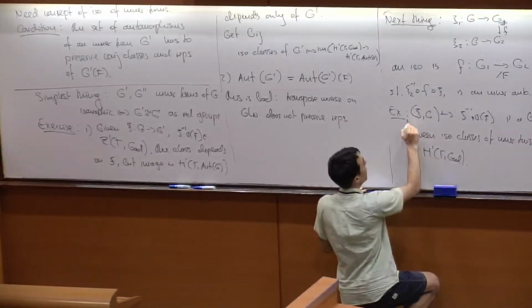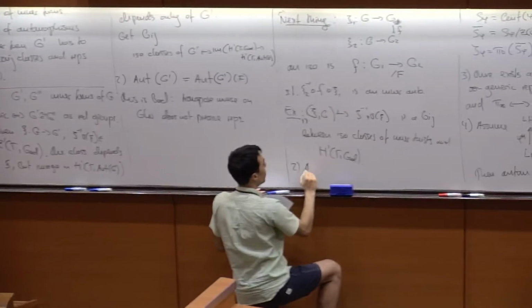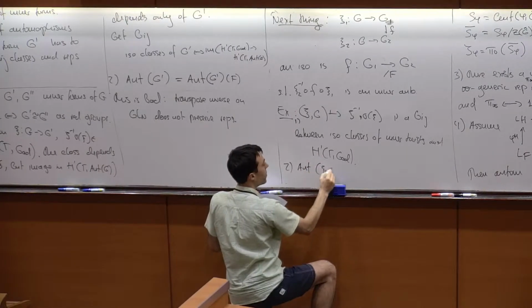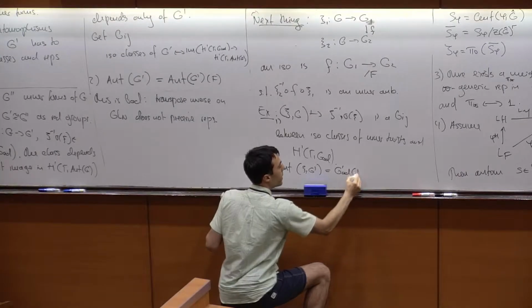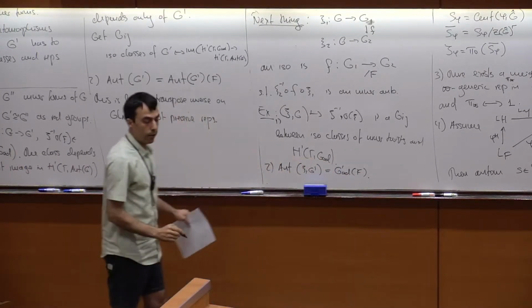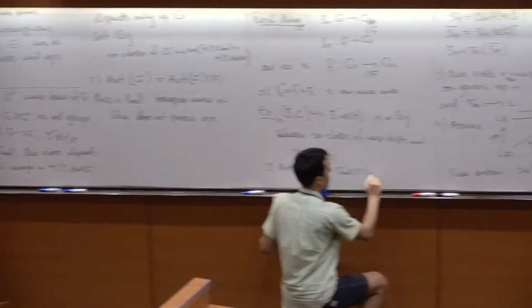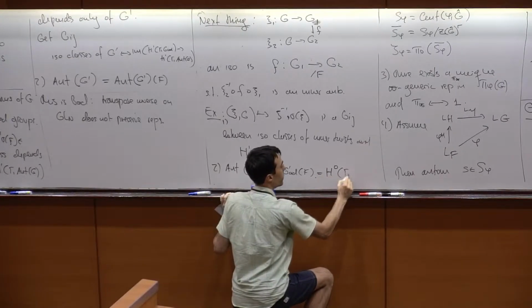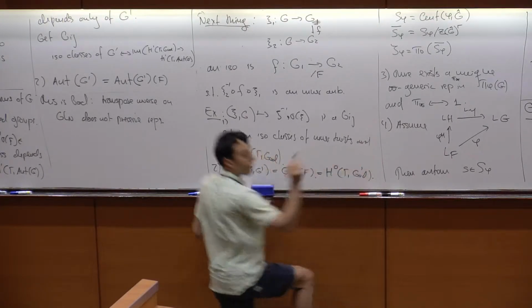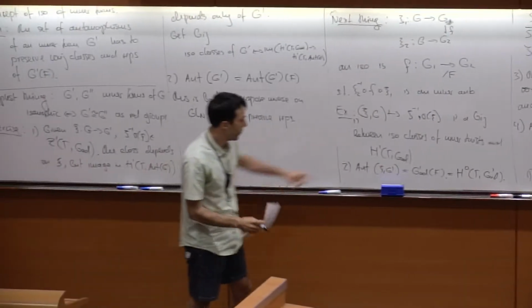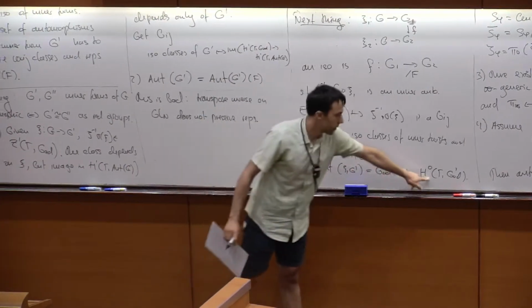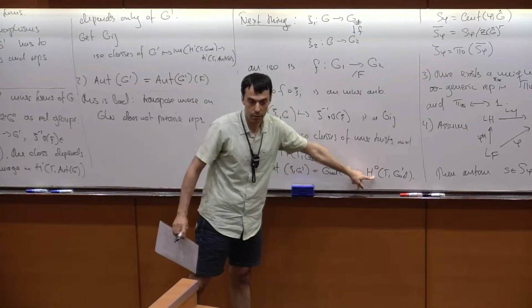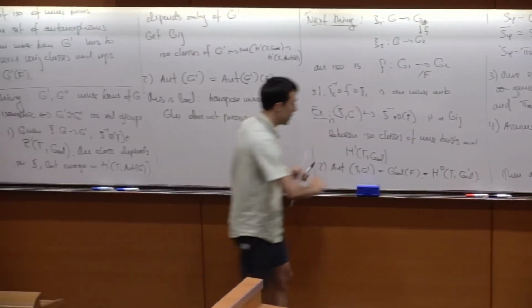And moreover, the automorphisms of psi, G prime are now the F points in the adjoint group of G prime, which we can also write suggestively like this. So this classifies isomorphism classes, this classifies automorphisms within each class.